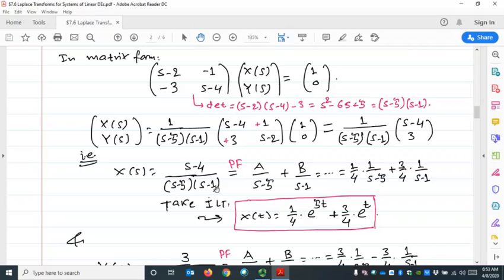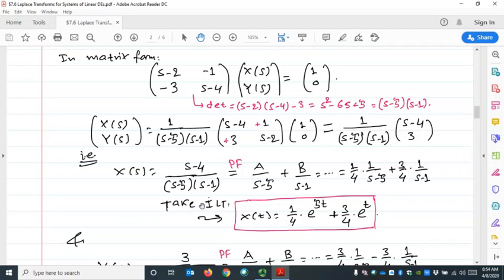Both of these factors are linear in our denominator. So we introduce constant a over one factor plus constant b over another factor. So next we're going to compute the value of a and b. Then it turned out to be a is 1/4, b is 3/4.